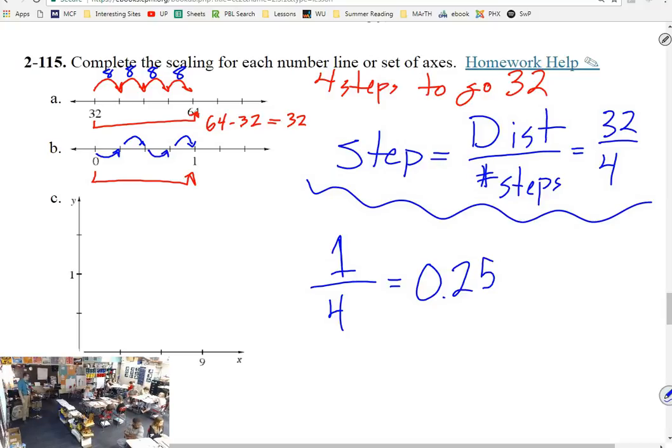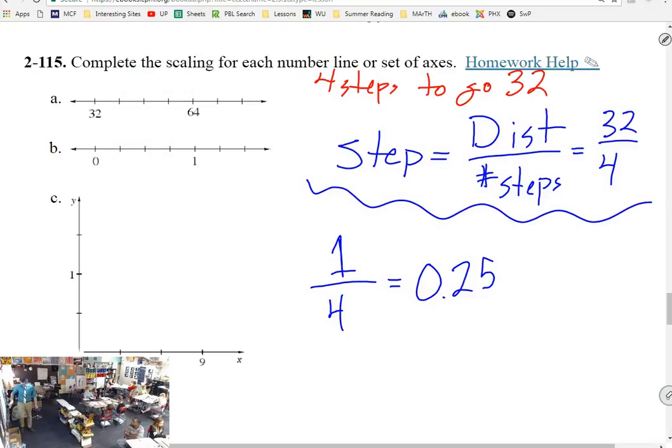So then, using the scale that we found, we have to fill in the number lines. So I'm going to erase some of this so I can fill in the number line. If I now know that my steps are worth 8 each, 32 plus 8 would get me to where? 40, then anybody? 48, and then 56.